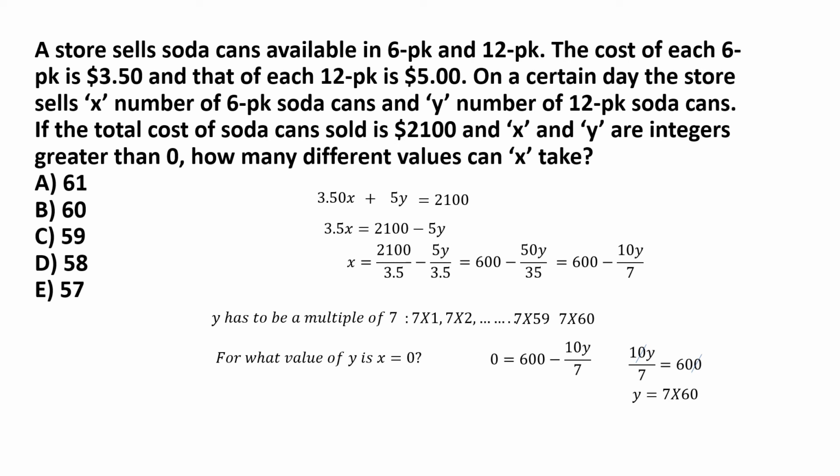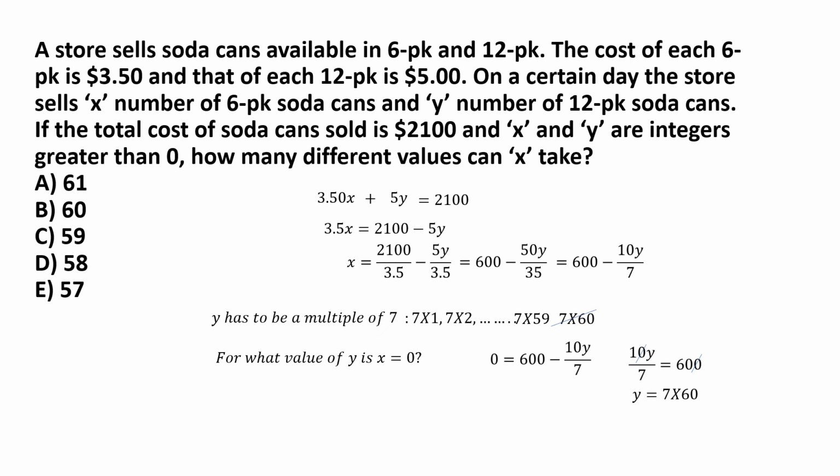However, the problem states that not only can x not be negative, but x has to be greater than 0, meaning that we have to exclude that value of y for which x is 0. So 7 multiplied by 60, we just cross that out from the list of permissible values of y, because for y equal to 7 multiplied by 60, x becomes 0.